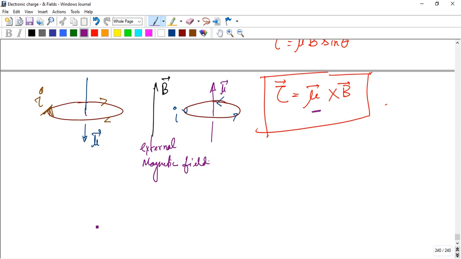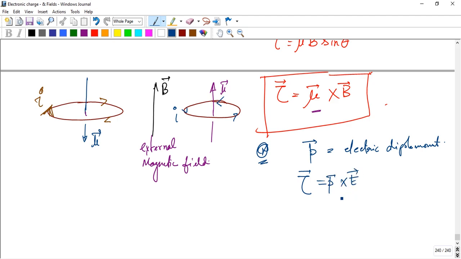Okay, so we know the example from the electric field, the electric dipole moment P, the electrostatic dipole moment, and the torque tau is equal to P cross E. Similarly, for the magnetic dipole moment, tau is equal to mu cross B. That's for electric, that's for magnetic.